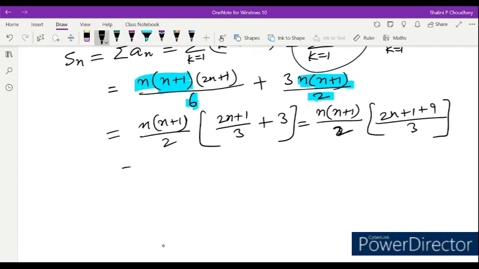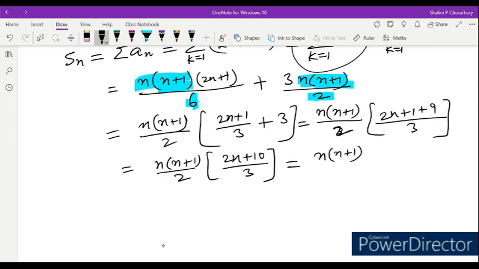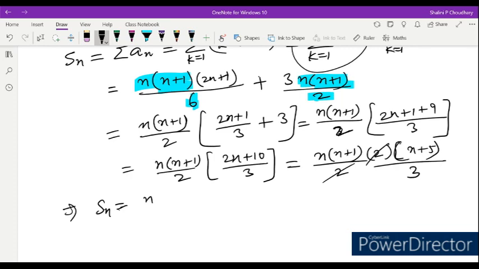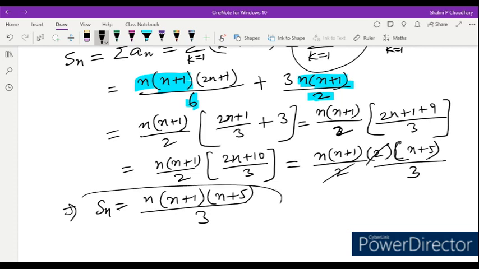So now we'll be getting n into n plus 1 divided by 2, 2n plus 10 divided by 3. Now we'll take 2 common, and we'll write here n plus 5 divided by 3. So 2 cancels. So for Sn what value are we getting: n into n plus 1 into n plus 5 divided by 3. So this will be the value of Sn.